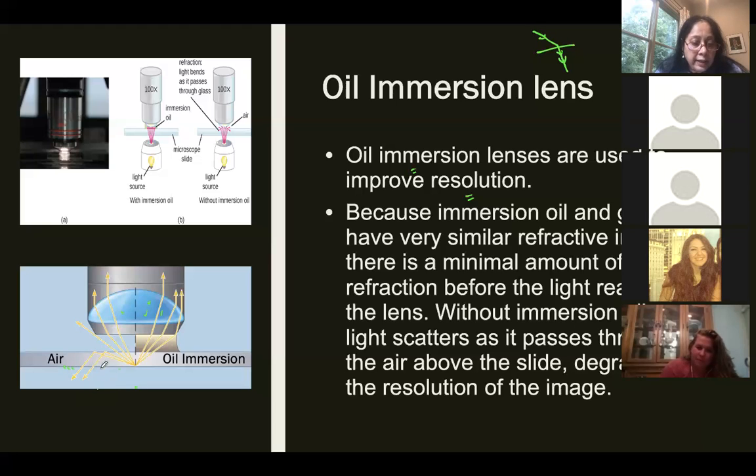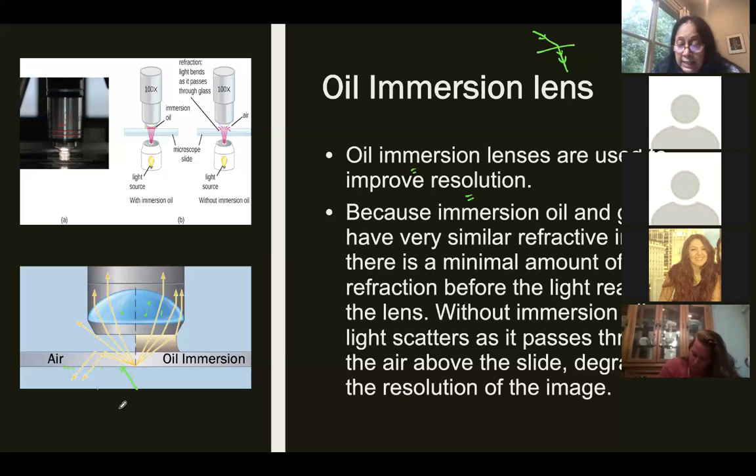Okay, and the specimen is, let's say, over here. So light is going, so this is from air, then it falls into the glass. Okay, and then again it enters into the air, then it goes through the specimen, air, and then again it enters inside the glass. So many times it actually changes its direction.